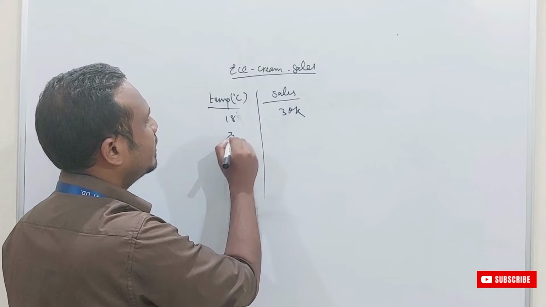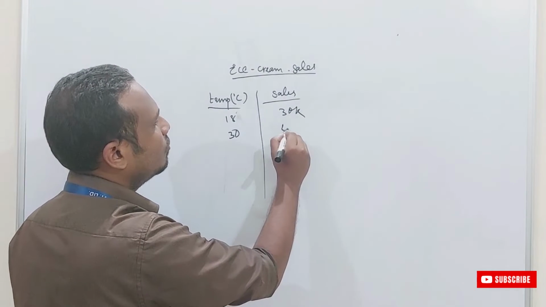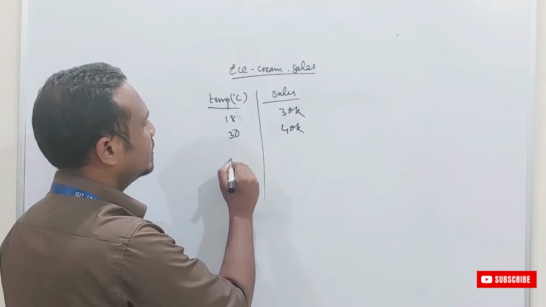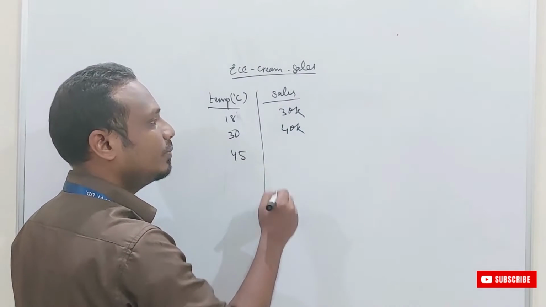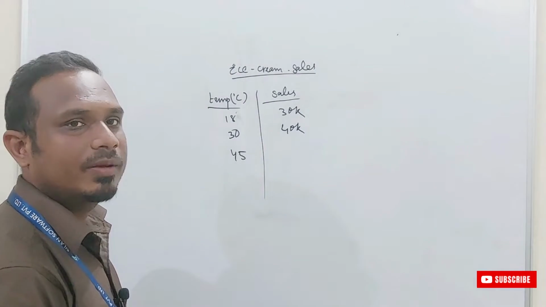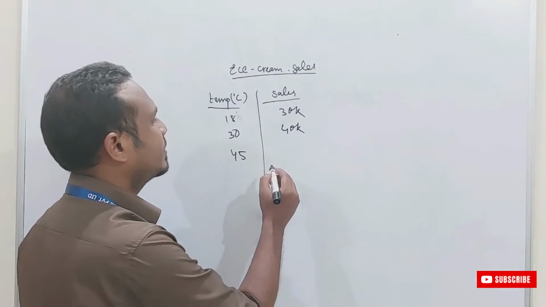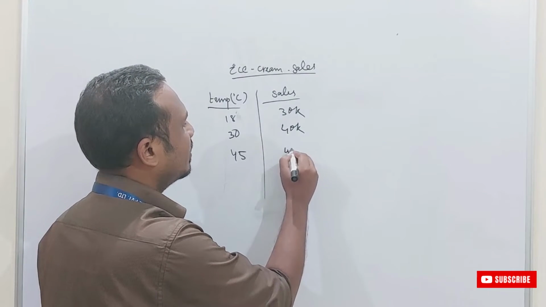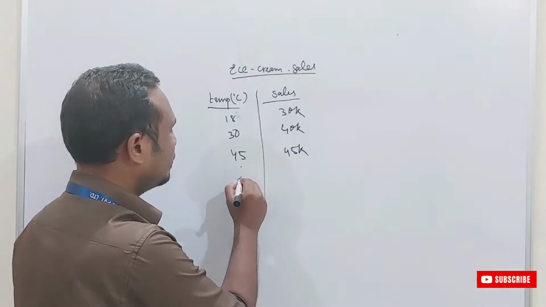Suppose 30 degrees Celsius, sales is around 40k. And suppose 45 degrees Celsius, so sales will be higher. In summer seasons, with the increase of temperature, people like to eat ice cream. So suppose 45k. There are lots of data like this.